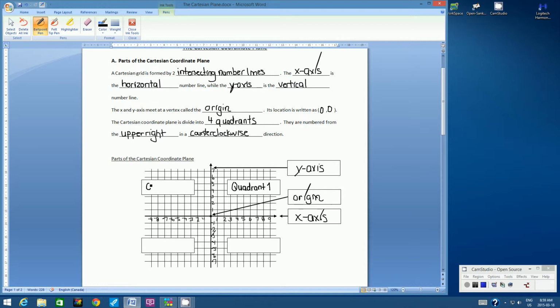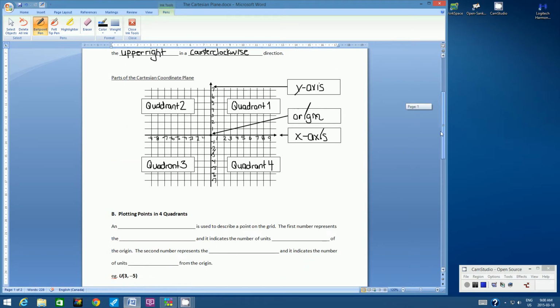So this would be quadrant 2. This is quadrant 3. And this is quadrant 4. There's our diagram of the Cartesian coordinate plane.